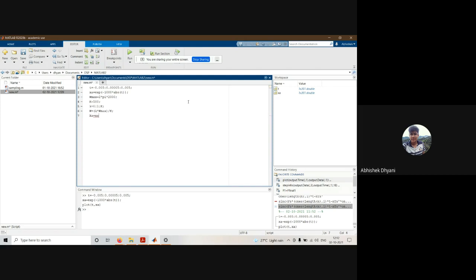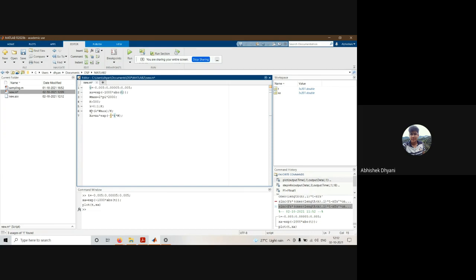That will be the signal multiplied with e raised to the power minus j into t into omega. Now, one thing that you should note here is that t is a vector, right? t is a 1 cross 201 vector, and omega will also be a vector.